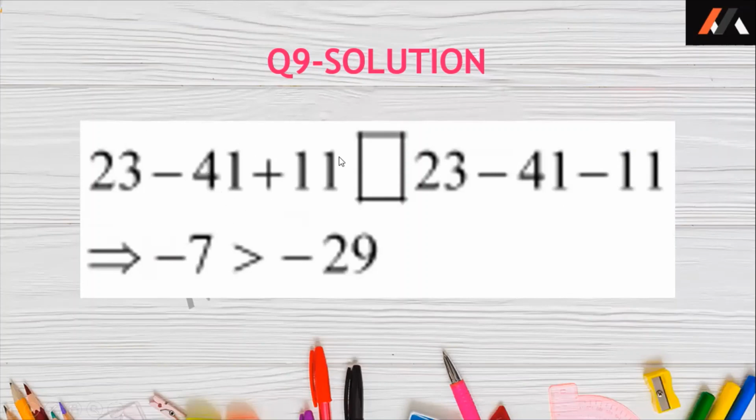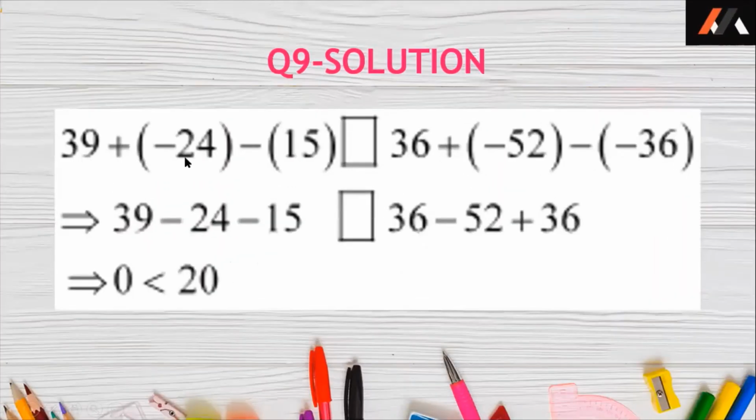When we simplify this, we will get 23 minus 30 on this side, because minus 41 plus 11 is minus 30. 23 minus 30 is equal to minus 7. 23 minus 41 minus 11 is minus 29. In this question, minus 7 is greater than minus 29 because minus 7 is closer to 0 on the number line. Let's proceed.